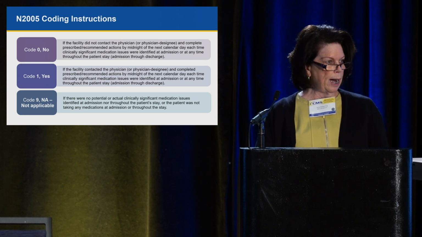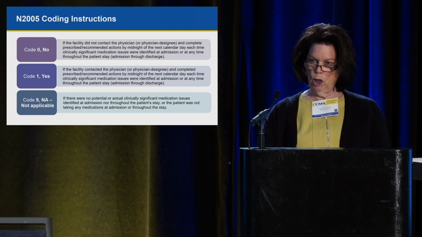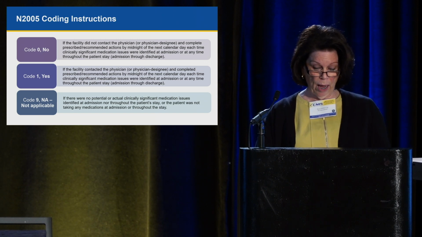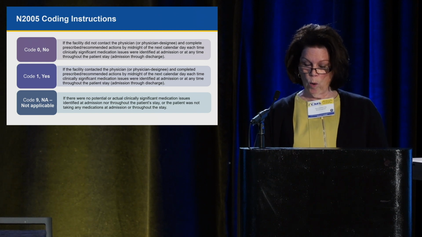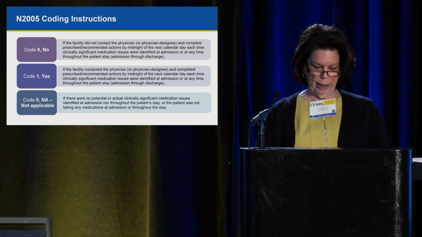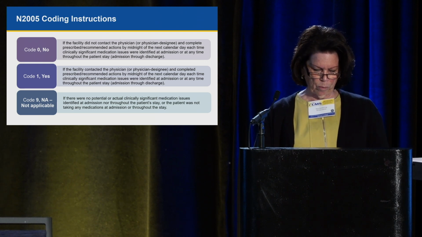You would code 9, not applicable, if there were no potential or actual clinically significant medication issues identified at admission or throughout the patient's stay, or the patient was not taking any medications at admission or at any time throughout the stay.